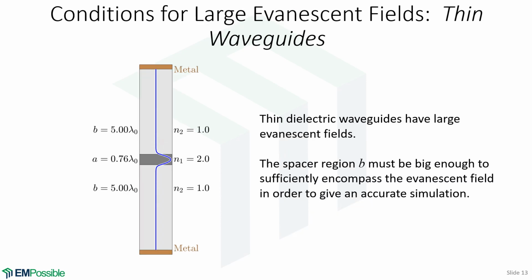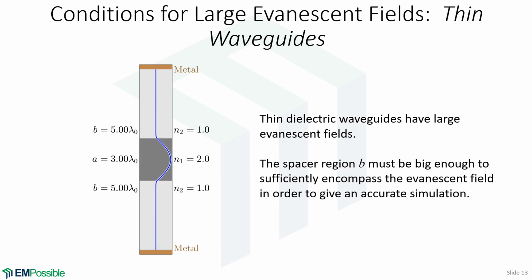There are times where the field can extend very far outside of that core. The fields outside of the core are called evanescent fields because inside the core, the field can oscillate, but outside it can only decay. It can only be a decaying exponential. So yes, we call those evanescent fields, and there are at least 2 conditions where we can get large evanescent fields where we need huge spacer regions.